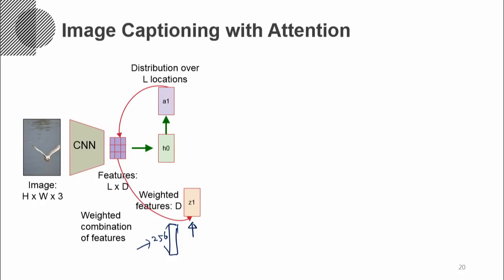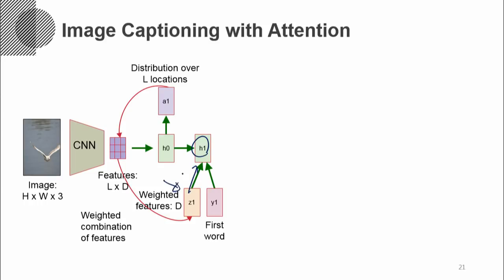And that will work as the additional input to our RNN module. So in our RNN module, it will take as input this weighted feature vector and the first word, which can be just a start of string or start of token.